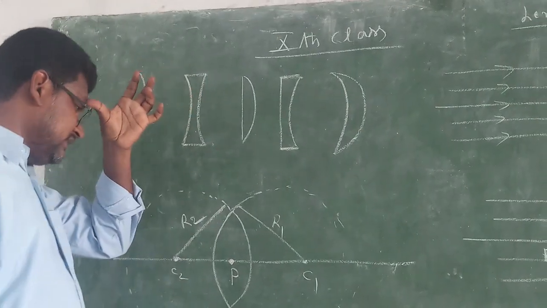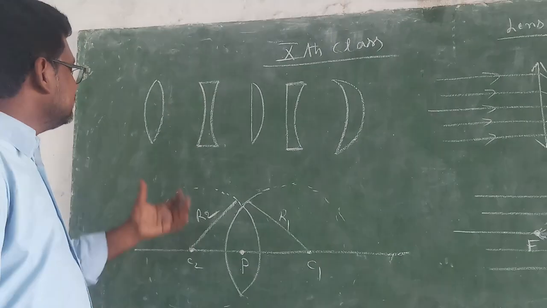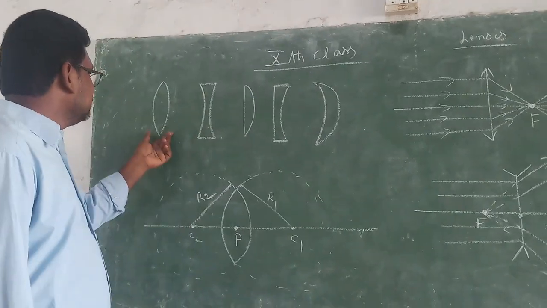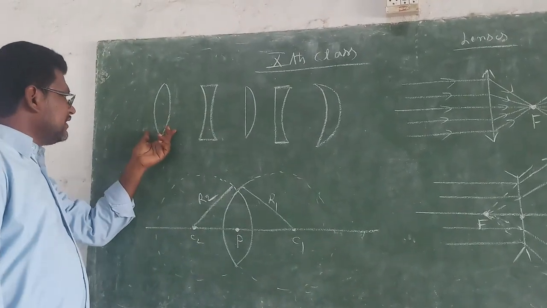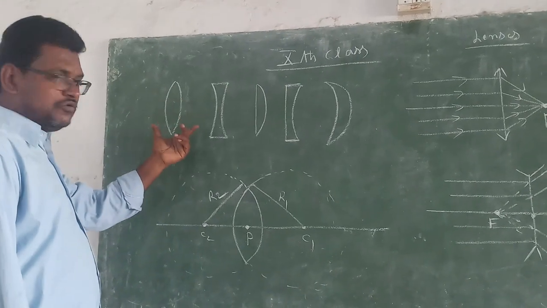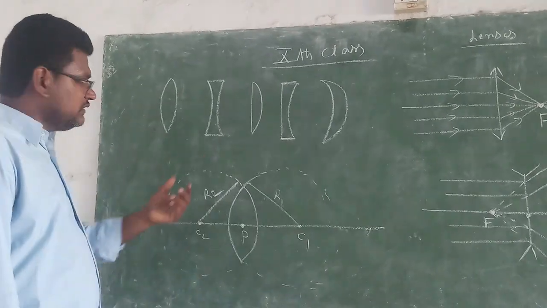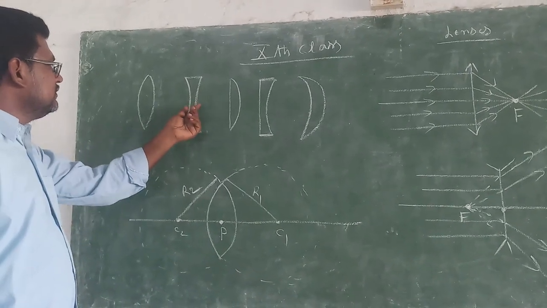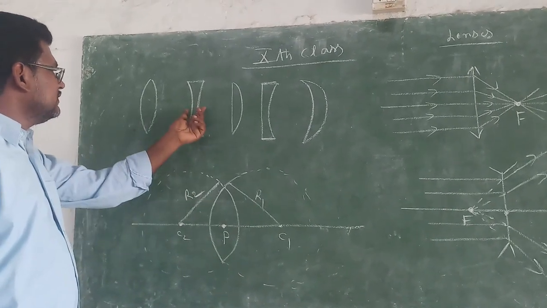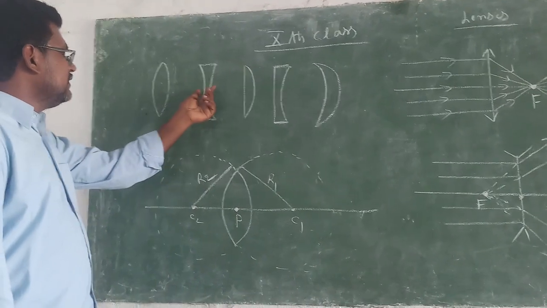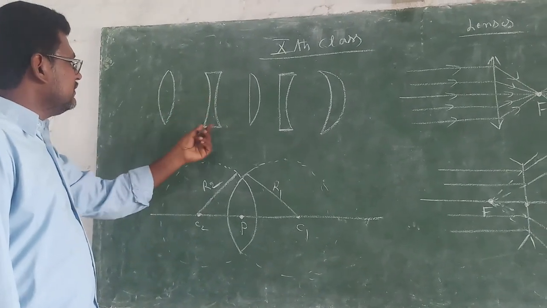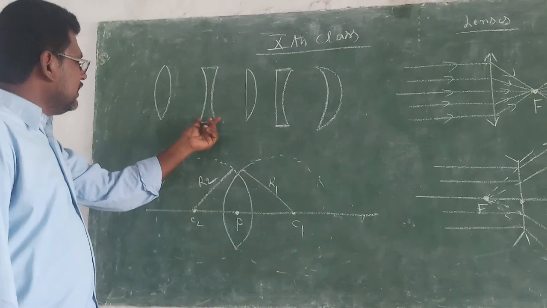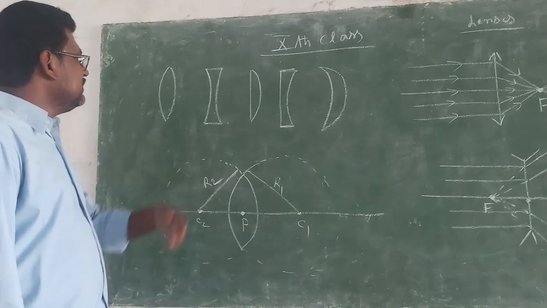Now see, there are some differences in their shapes. A convex lens is bulged outward, or curved outward, whereas a concave lens is curved inward at its middle and curved outward at its edges.